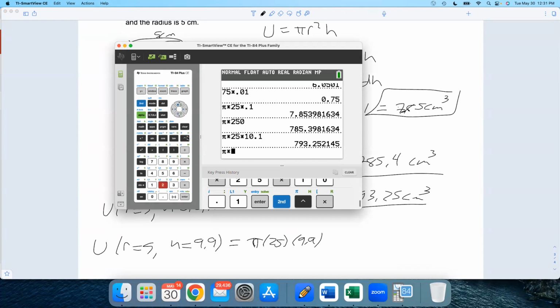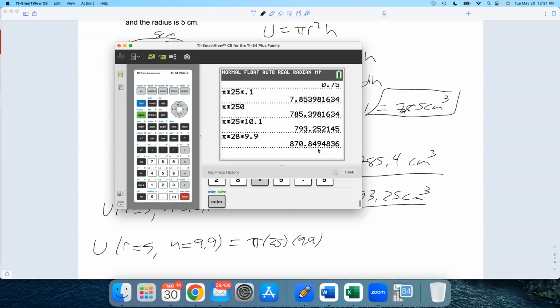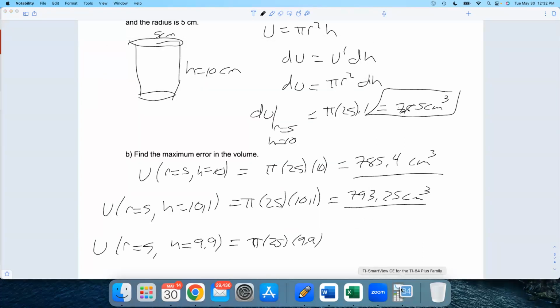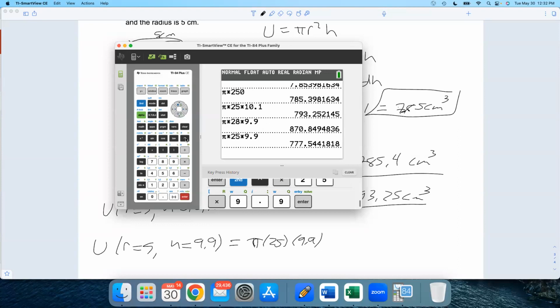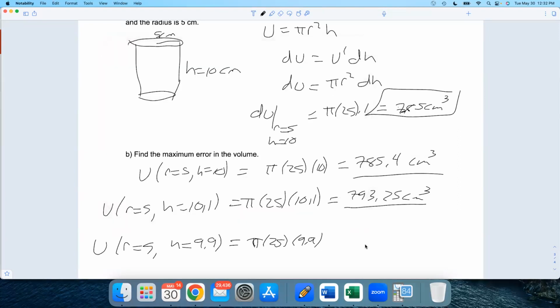So times 25 times 9.9, 870.85. That seems low. Oh, because I typed it wrong. Pi times 25 times 9.9, 777.54 cubic centimeters. So this is what it should be right here.